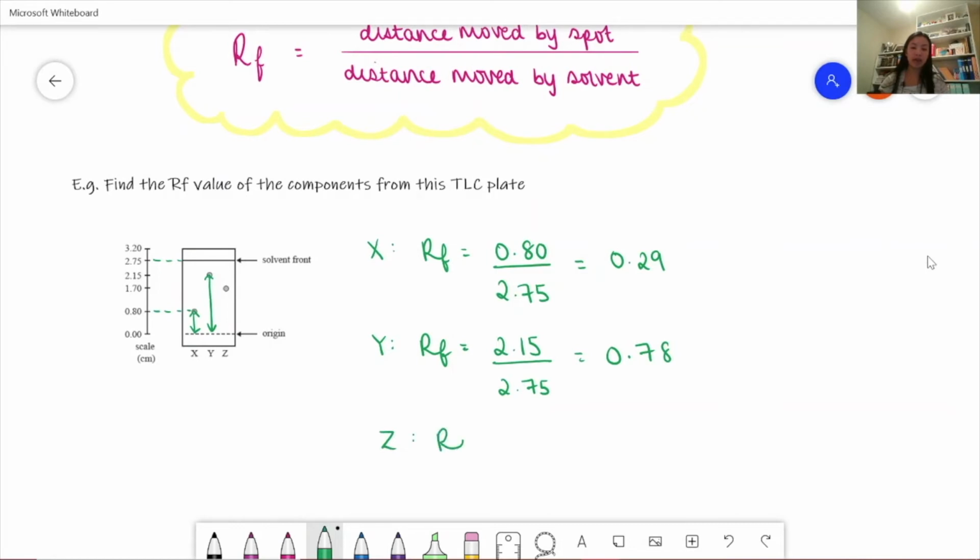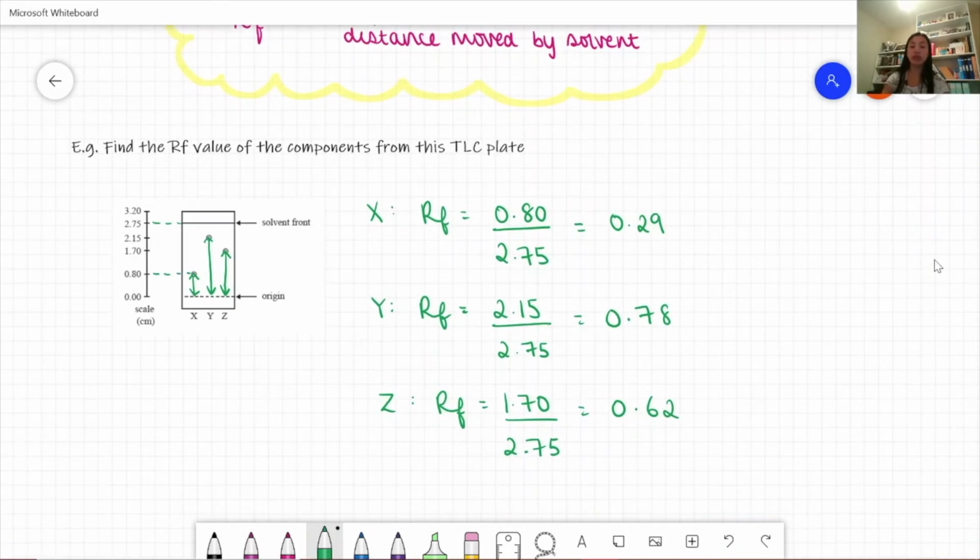So we have that the RF is equal to 1.70 over 2.75, and this gives us 0.62. Normally in the experiment, we would have to measure all these distances using a ruler, but for this example, all of the measurements are given to us.